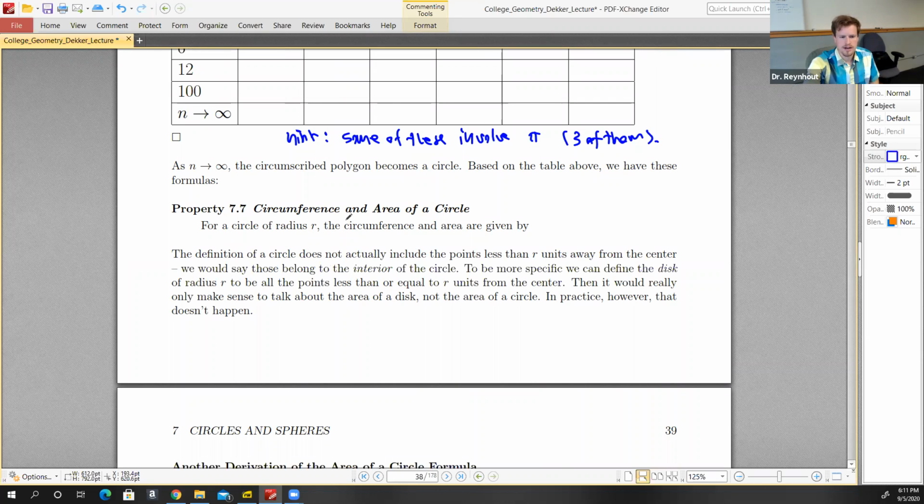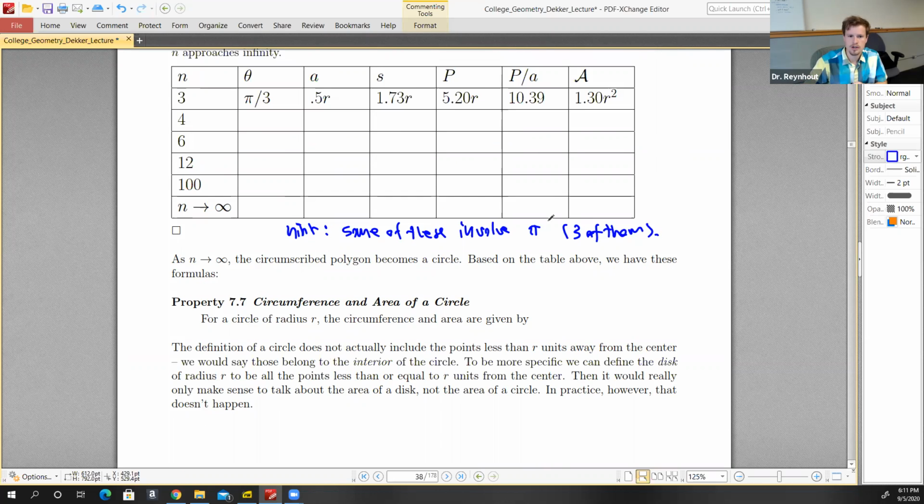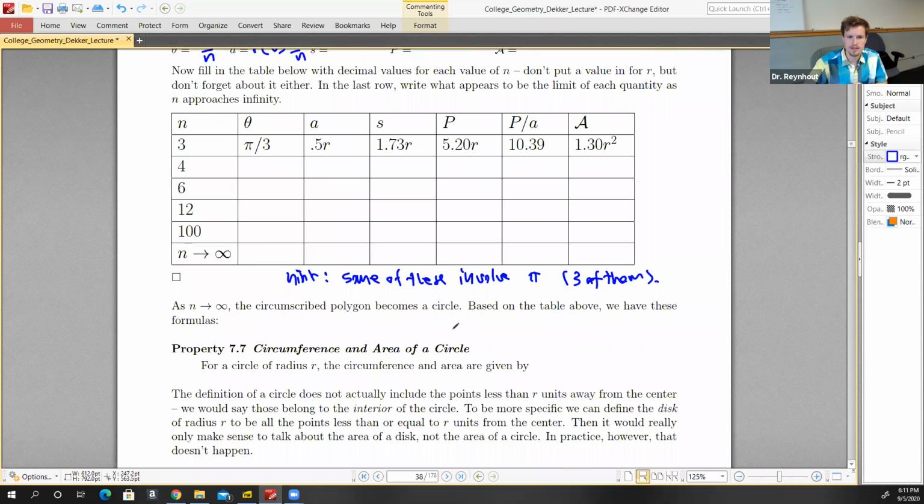So for a circle of radius r, their circumference and area are given by exactly the things that you should find as n goes to infinity for the perimeter and the area. Right? As n goes to infinity, you're approaching what would be a circle, right? If the number of sides are infinite, you are approaching a circle.